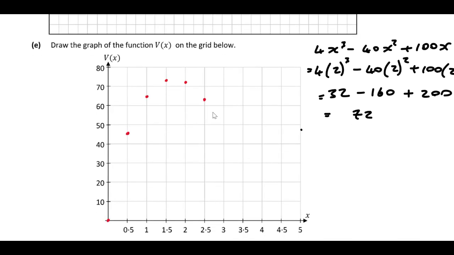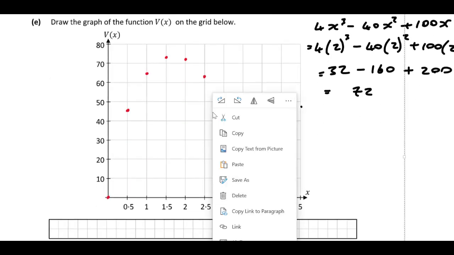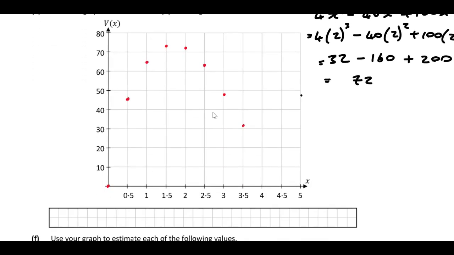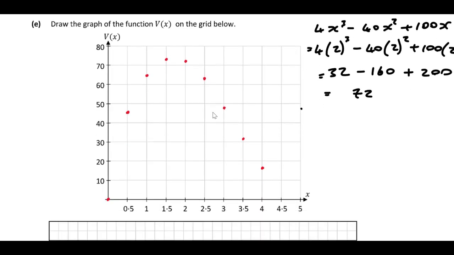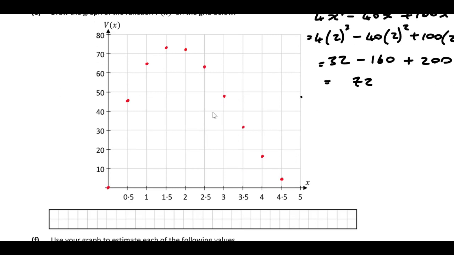3 is 48. So let's go to 48, which is around here. 3.5 is 31.5. 31.5, so that's around here somewhere. 4 is 16. And 4.5 is 4.5. And 5 is 0.